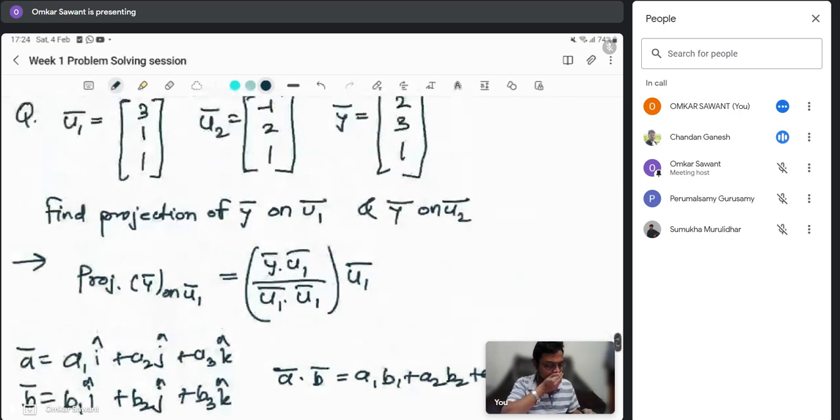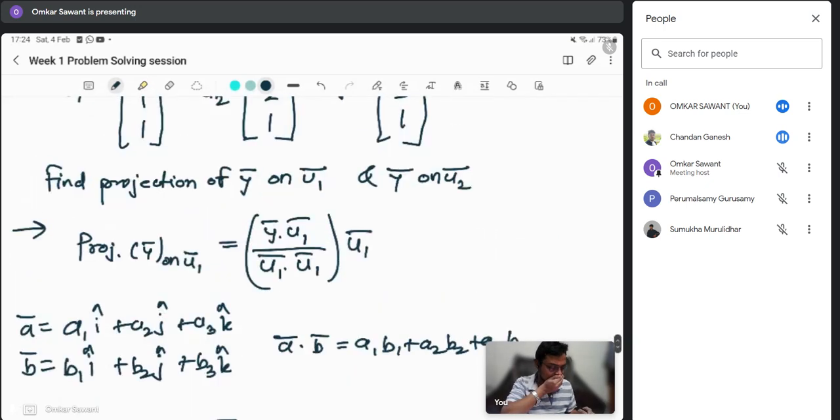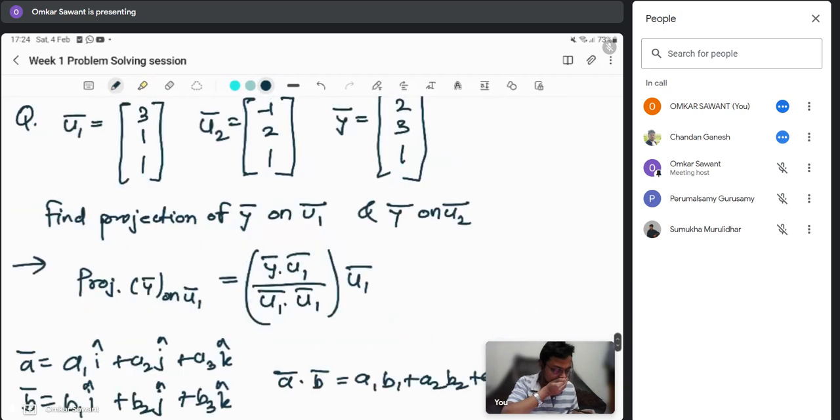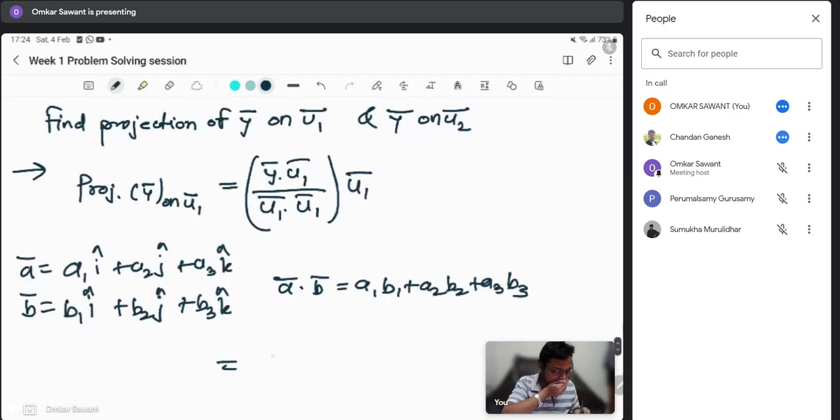Yes, yes. Okay, sir. Fine. 6 plus 3 plus 1 is 10, right? And u1 bar dot u1 bar?